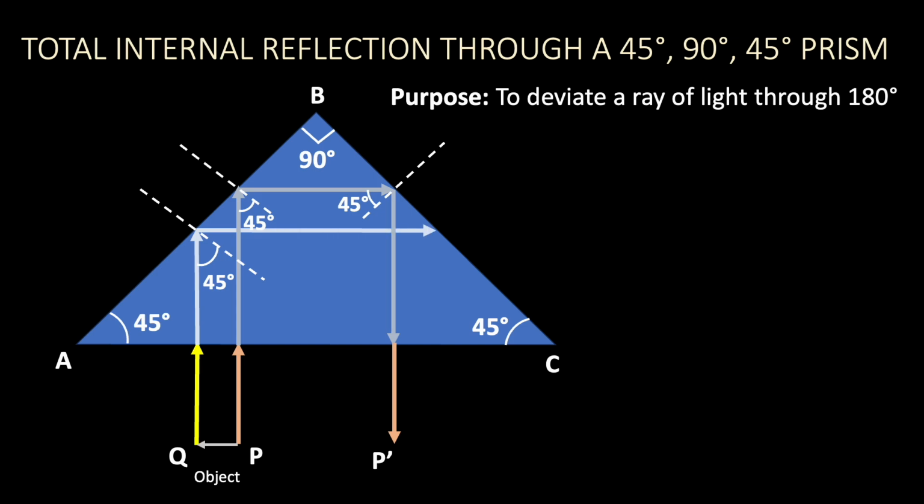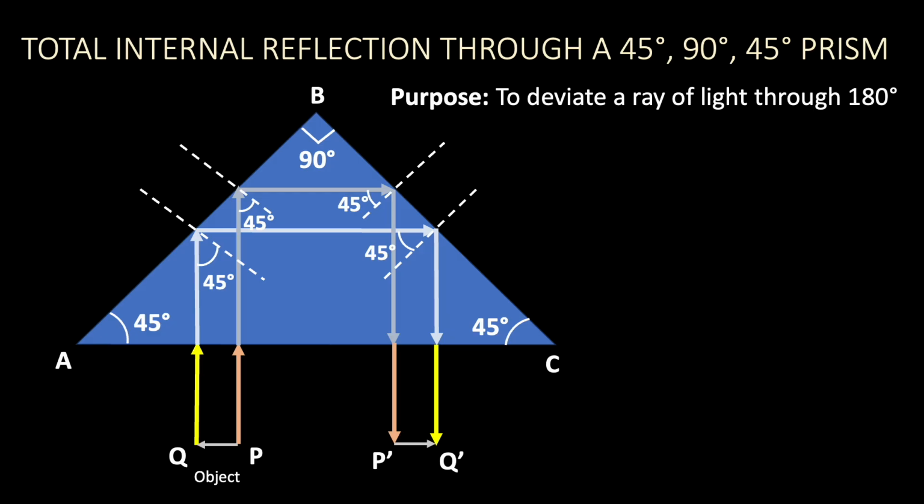It will strike the face BC, where again it will suffer total internal reflection, and then it will emerge out of the prism and point Q' is obtained.